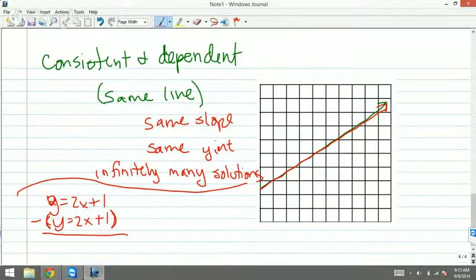What do I get on the left side? 0 and 0. Notice 0 is 0, it's true, right? So we get a true statement. Contrast that with parallel lines where you'll get like 0 equals 1. You'll get a false statement. So that's what the algebra and the graph would look like. Okay? Good?